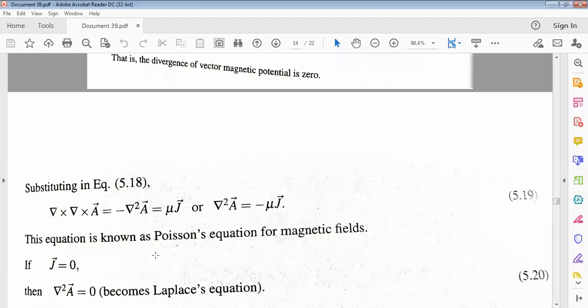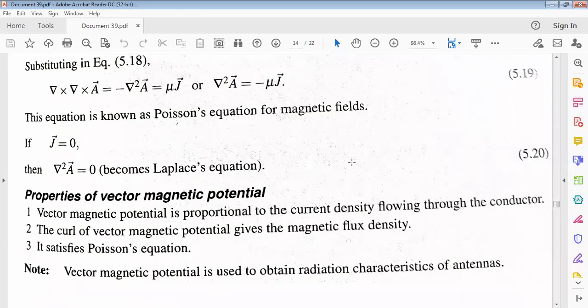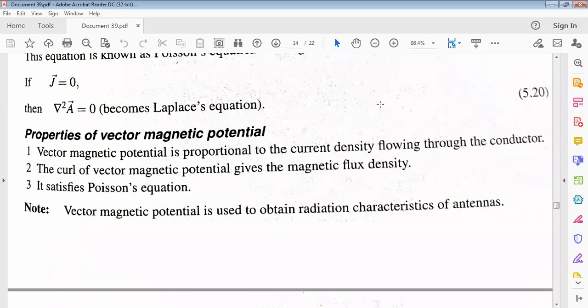In that way, the Poisson equation becomes the Laplace equation.